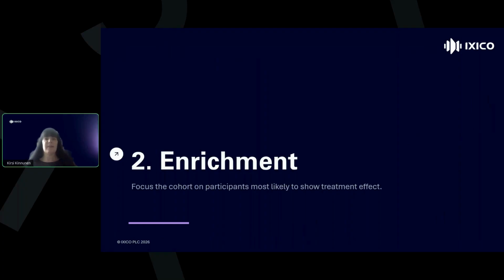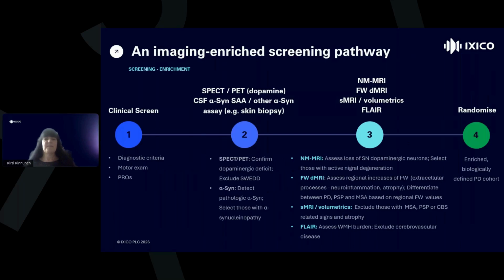So now we're moving on to enrichment, and enrichment is really about selecting the right patients for your trial. Next slide, please. A modern screening pathway, exemplified here, would move us toward a more biological classification of Parkinson's disease. A clinical screen alone may yield a 5 to 15% SWEDD rate, so participants without dopamine deficiency.